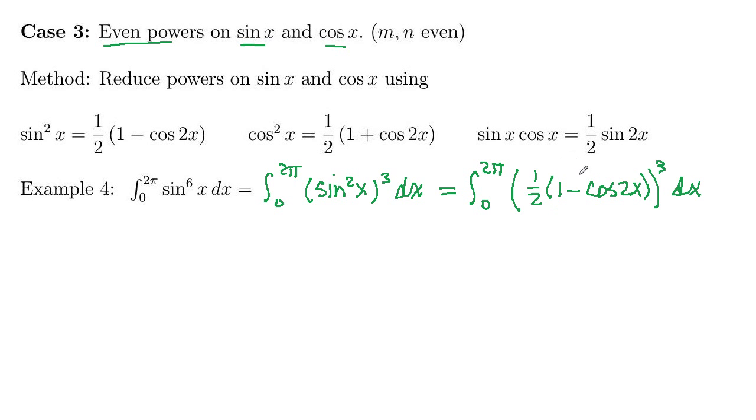Now we want to cube each piece here. If we cube the 1/2, we'll get 1/8. Let's bring that out in front of the integral. And now we want to cube this 1 minus cosine 2x. Let's work that out separately, and then we'll plug it in here.